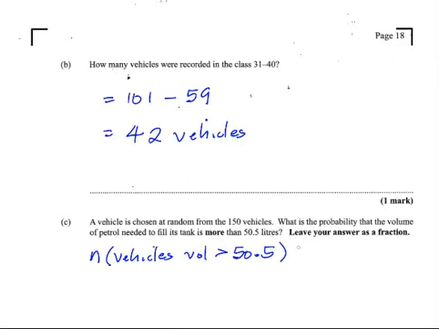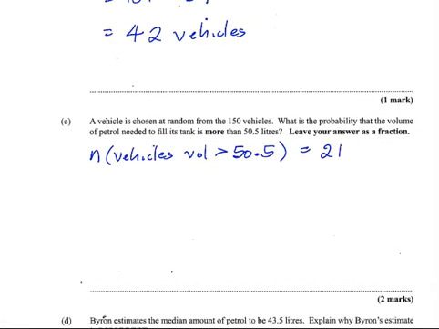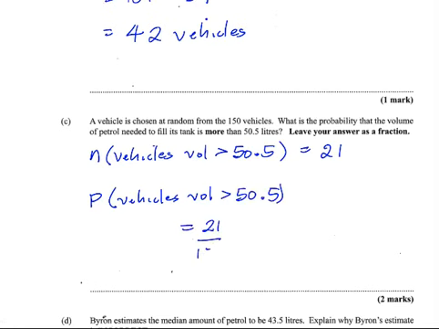So the answer here is 21, but what they ask for is the probability. The probability that the vehicle volume is greater than 50.5 is equal to 21 over 150, which is the same as 7 over 50, or 0.14, or 14%.